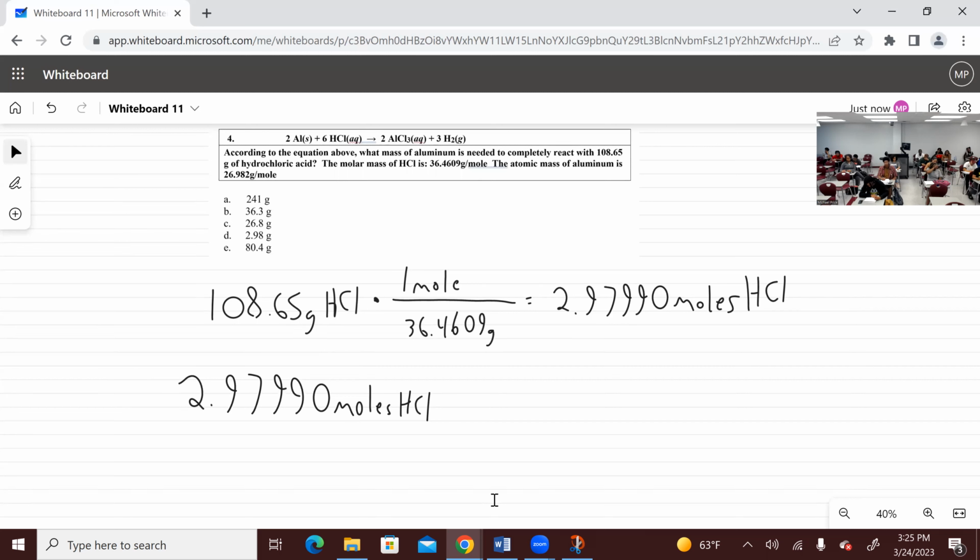So I'm going to multiply by what and divide by what? I'm trying to get moles of aluminum. Yeah, multiply by 2, divide by 6.